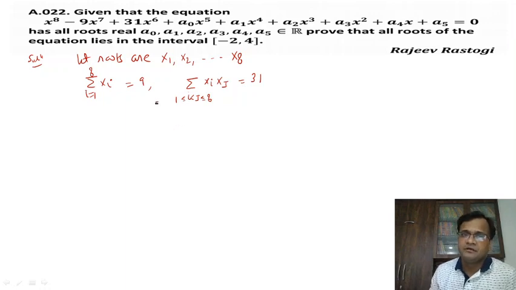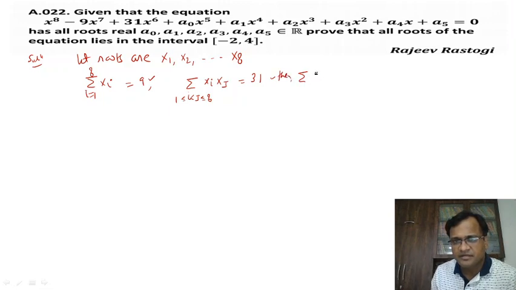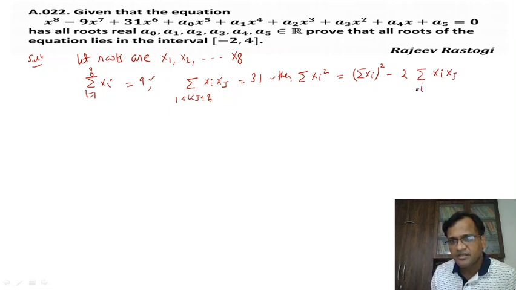Okay, so with the help of these two pieces of information, if I am interested to calculate the sum of squares of the roots, then we can write sigma xi squared is what? This is clearly (sigma xi) whole squared minus 2 times sigma xi xj, where i is greater than or equal to 1, i is less than j, j is less than or equal to 8, and obviously here i varying from 1 to 8.